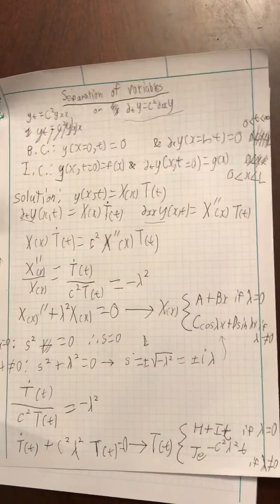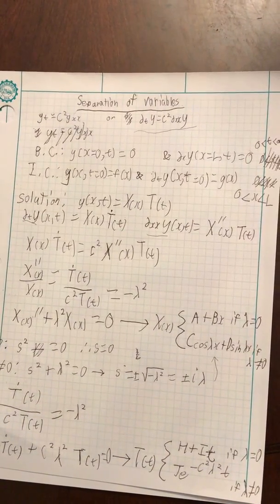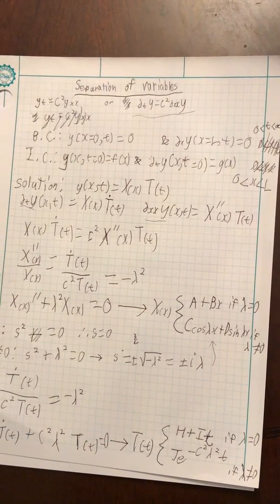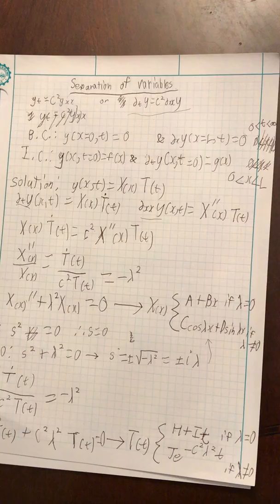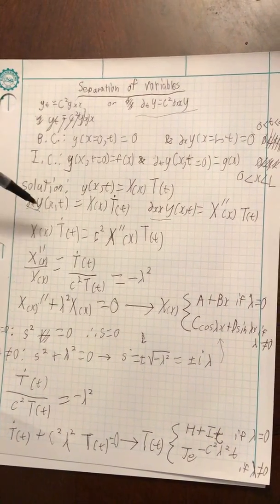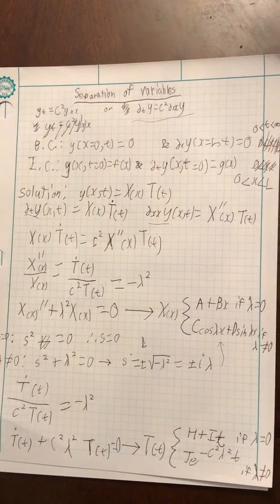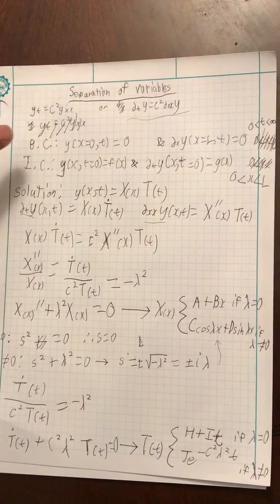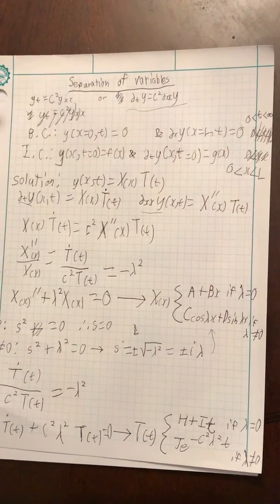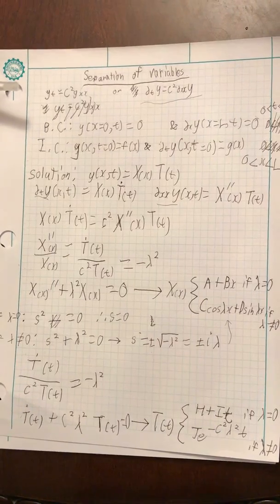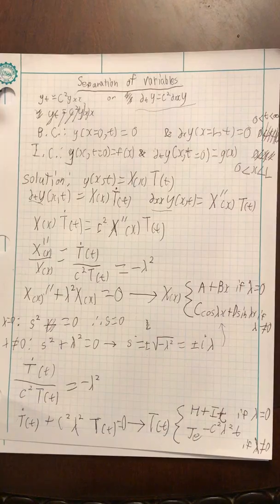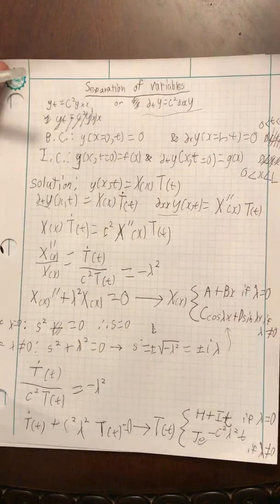Essentially, we started out here and then we put it into a form of y equals capital X of simple x, capital T of simple t, and then we found the derivative in terms of t, the double derivative in terms of x, and subbed them back into the original equation, and then isolated and found lambda. Feel free to check it out if you haven't so far. It should definitely help clarify how I got to the general equation.